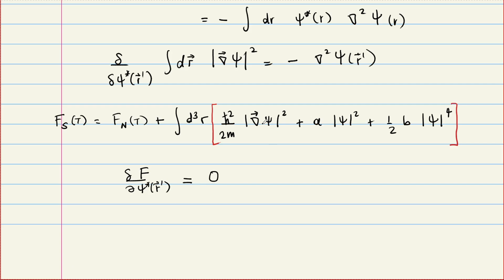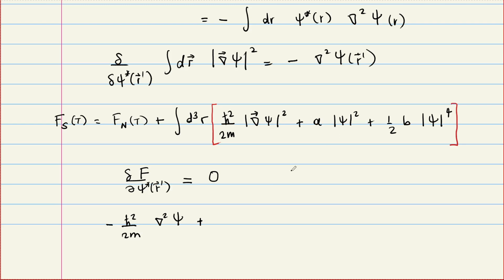Then from the first term I'm going to write exactly like this: minus h bar squared over 2m times the Laplacian of psi of r prime, but after I'm done, r prime is just a label. I can change it any way I want.